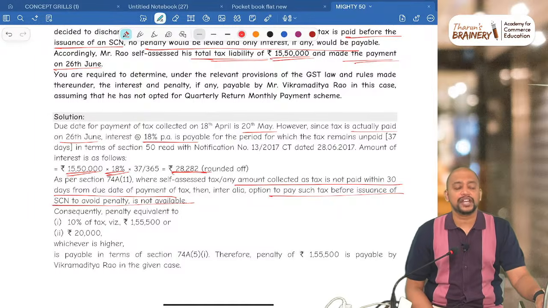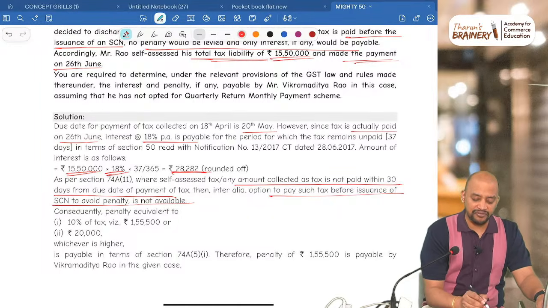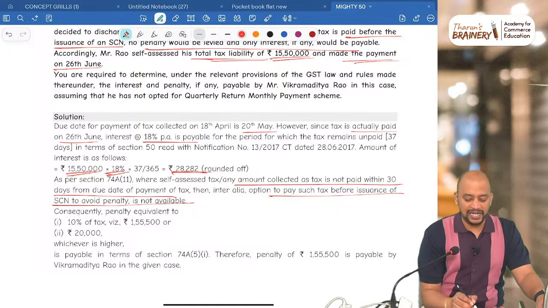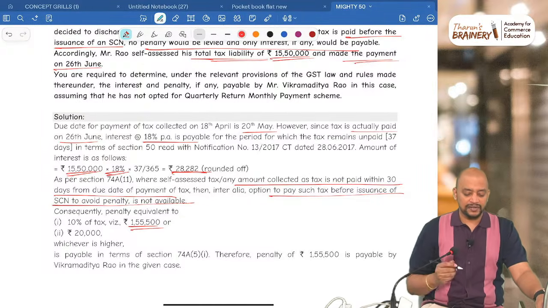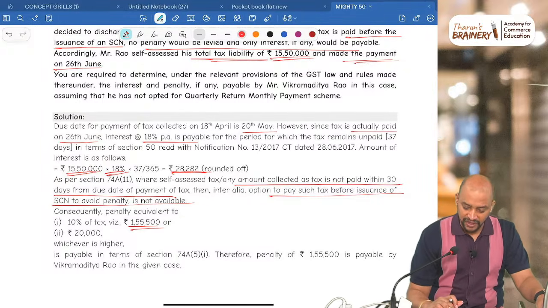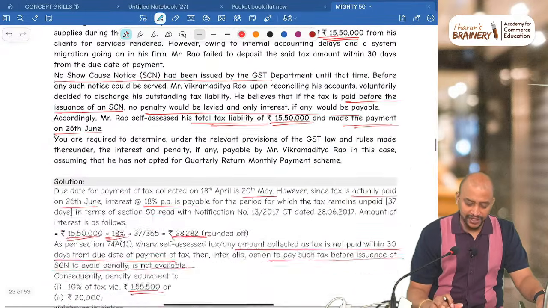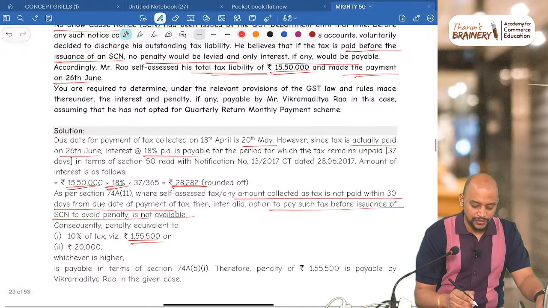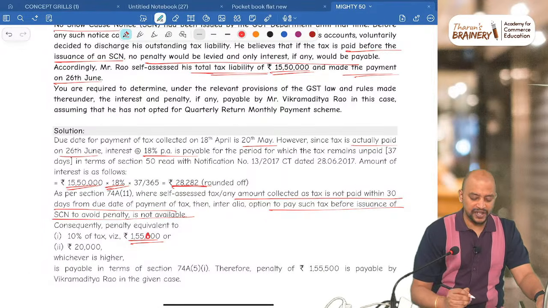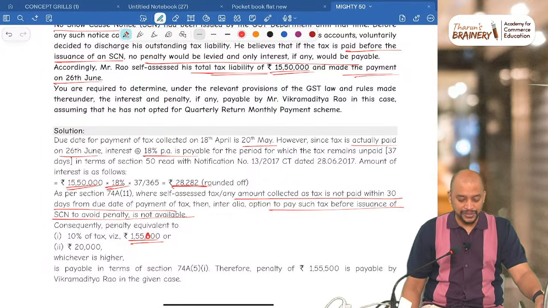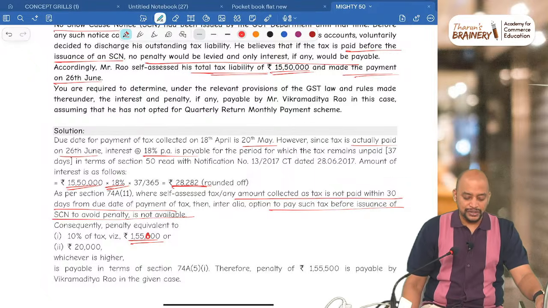For other than fraud case, what is the penalty? 10% of tax, that is 15,50,000 into 10%, 1,55,000. 15,50,000 only, na? So 1,55,000 or 10,000, whichever is higher, should be taken.